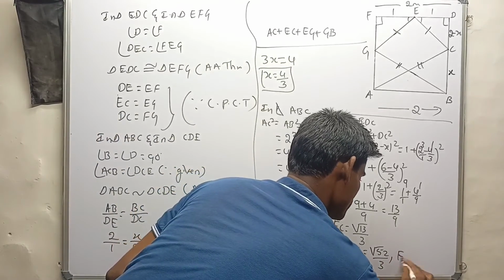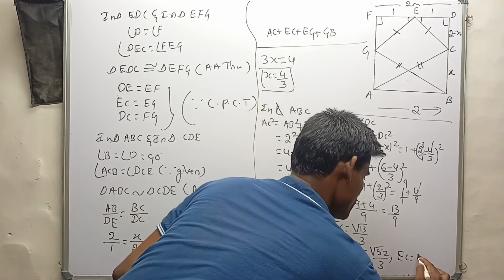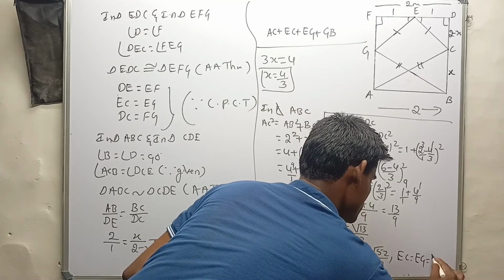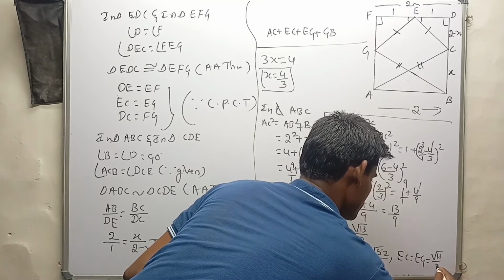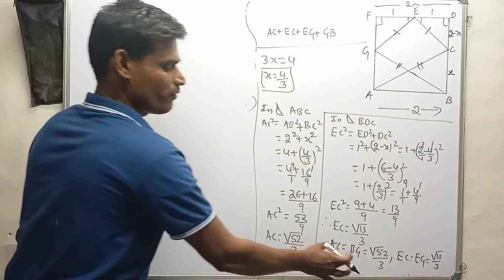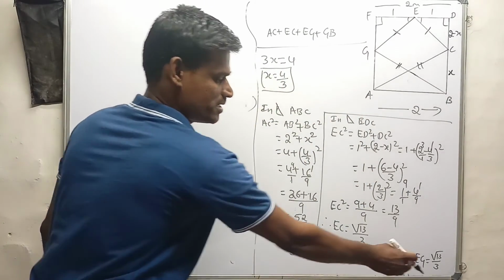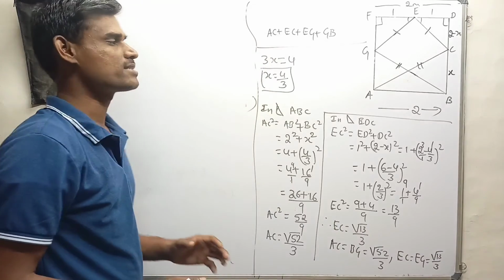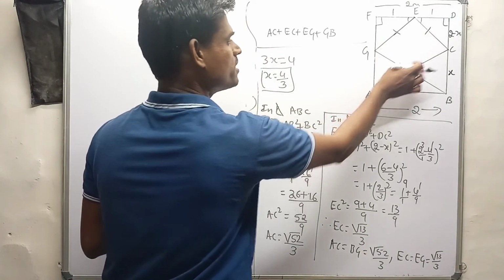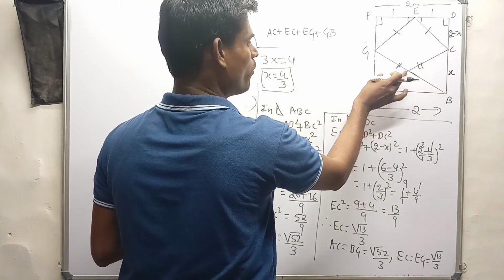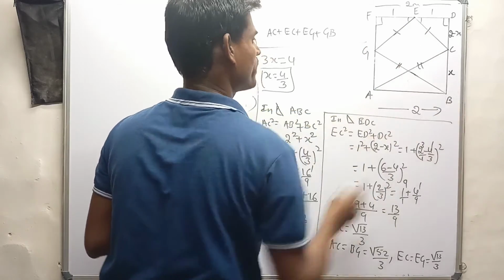Then we can write the length of EC equals EG equals square root of 13 by 3. Now we have the lengths of AC, BG, EC and EG. Now let's calculate the total distance traveled by that ball from point A to point B.